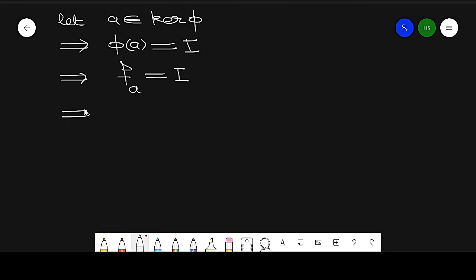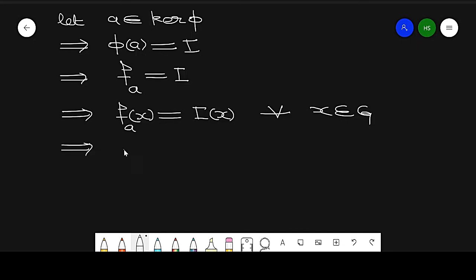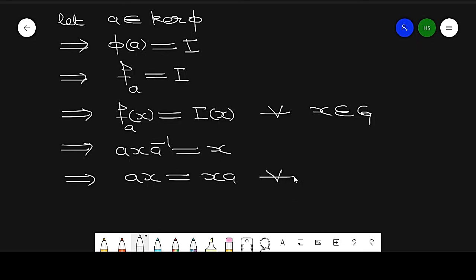It means f_a of x is equal to identity of x for every x belongs to G. It means a x a inverse is equal to x, and it implies a x is equal to x a for every x belongs to G. So it implies a belongs to center of G. Why? Because it commutes with every member of G.